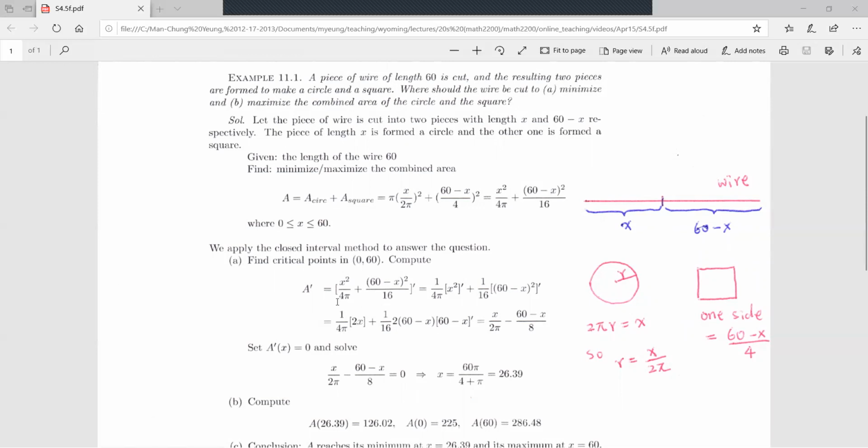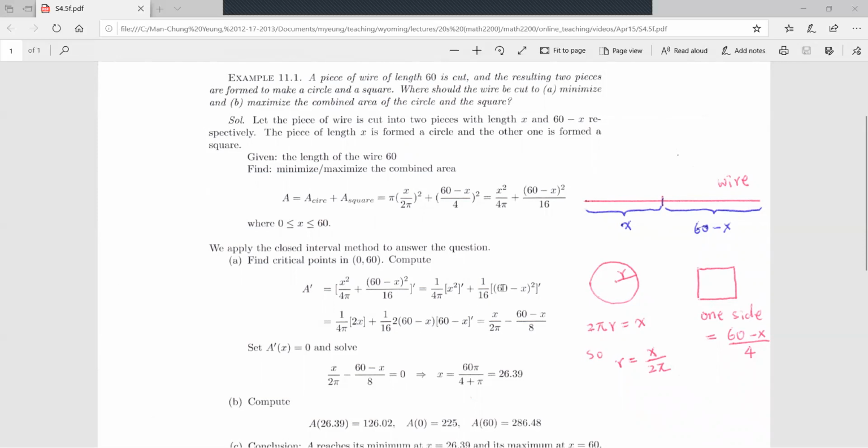Okay, then 1 over 4 pi constant, move it out. 1 over 16 constant, move it out. Derivative of x squared is 2x. Derivative of (60 minus x) squared, I use chain rule to compute it.